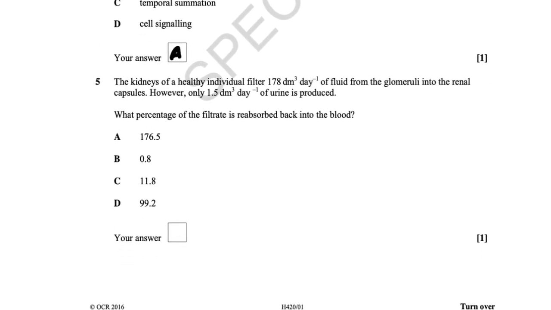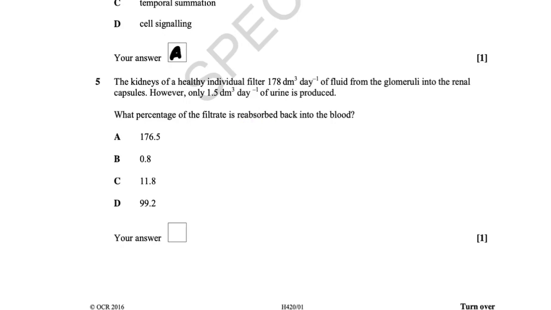Onto a calculation question. Well, you don't actually have to do the calculation, it's fairly obvious what the answer is. So the kidneys of a healthy individual filter 178 decimeter cubed of fluid from their glomeruli into the renal capsules. However, only 1.5 decimeter cubes of urine is produced. Now, what percentage of the filtrate is reabsorbed?